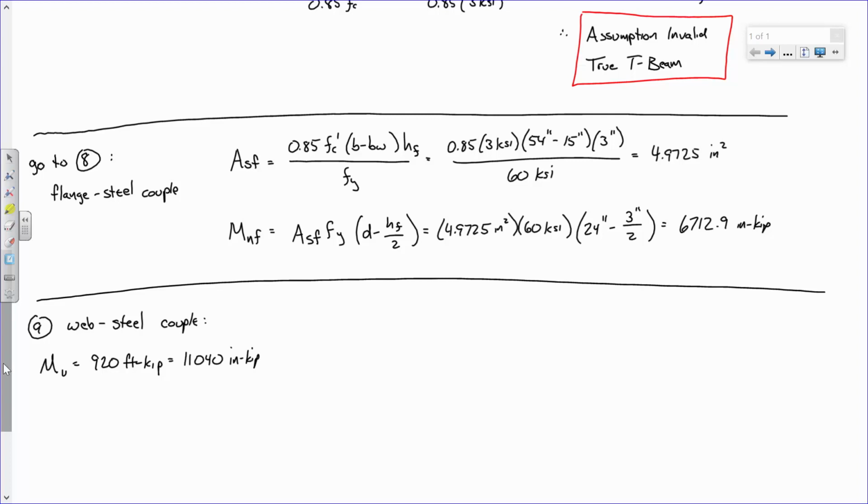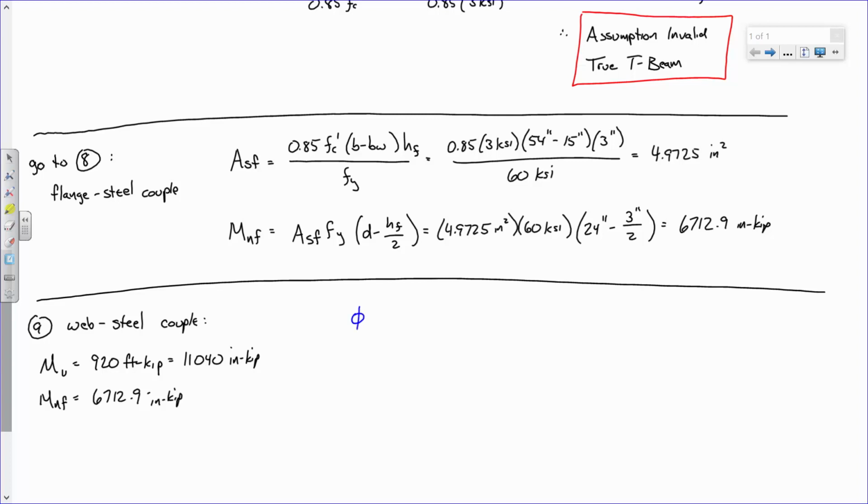Okay, so that's how much we need for the whole beam. All right, well, we know what we can get out of the flange couple. We can only get 6712.9 inch kips. And so we can look at this relationship and say, here's how much I need overall, here's how much the flange couple can provide. What about the web couple? Well, I can solve for that pretty easily. How do I do that?